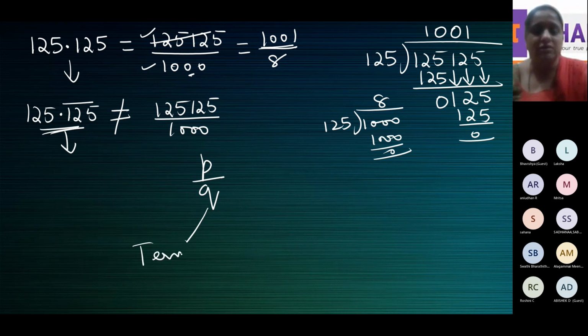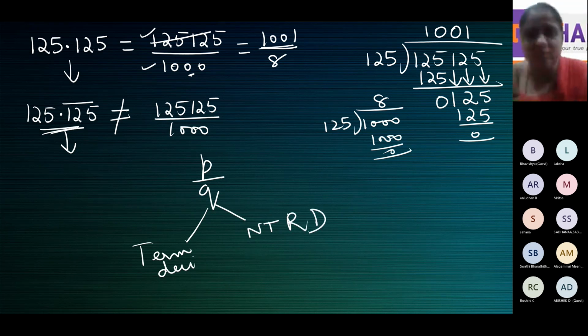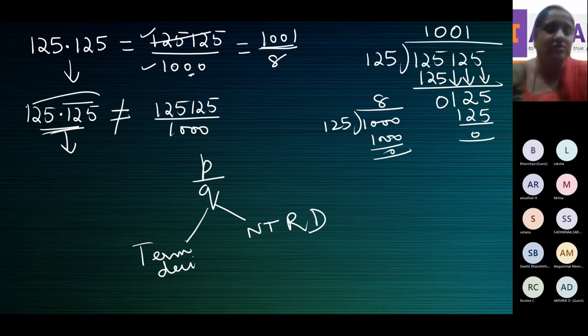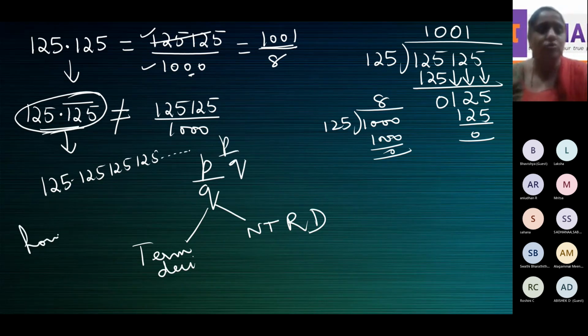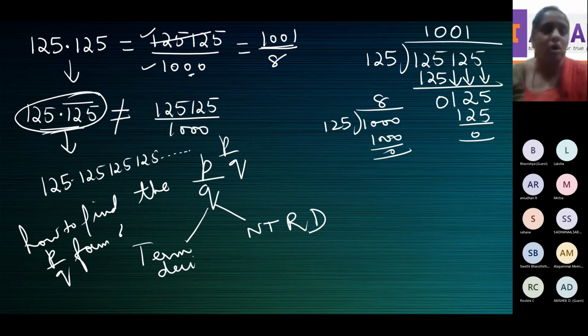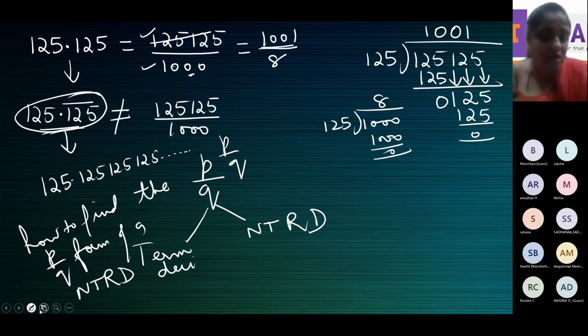A terminating decimal has a P by Q form. A non-terminating repeating decimal also has a P by Q form. This one, 125.125, 125, 125, is a repeating decimal, so it also has a P by Q form. Now, the question is how to find the P by Q form of a non-terminating repeating decimal. That's what we're going to understand now.